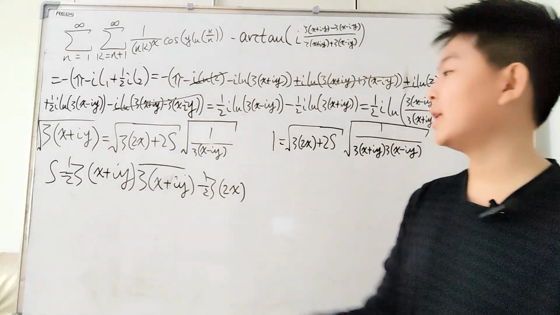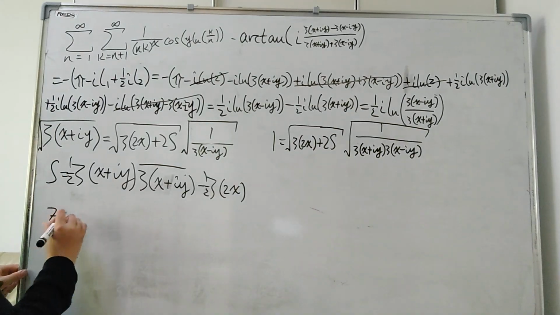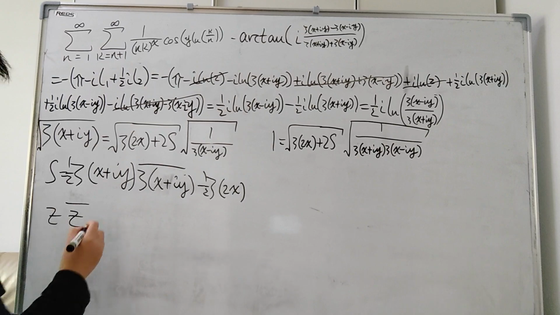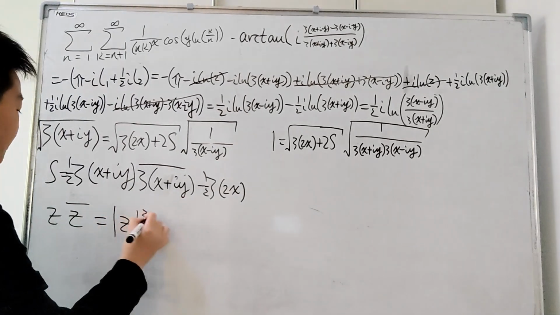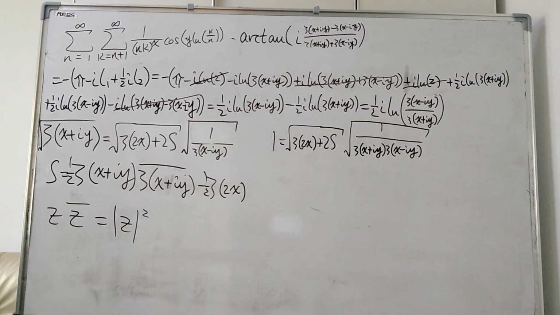And here we have this form, z times z conjugate. Another exercise for the viewer is to prove that this is equal to the absolute value of z squared. I'm leaving 2 exercises only because I'm lazy and don't want to spend even more time recording, since I've already spent an entire hour.